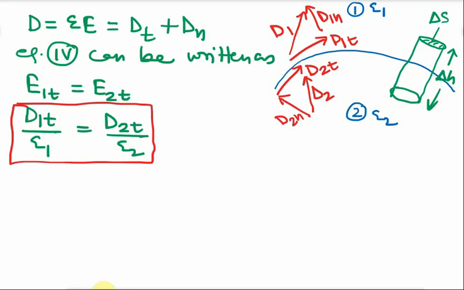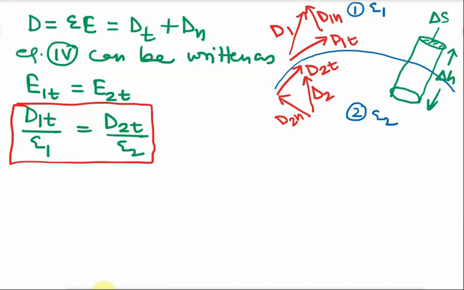E1t was equal to E2t. That means at the boundary separating the two dielectric mediums, the tangential component of electric field intensity will be equal. But in the case of electric flux density, it is not equal. It will depend upon the dielectric strength of the medium.